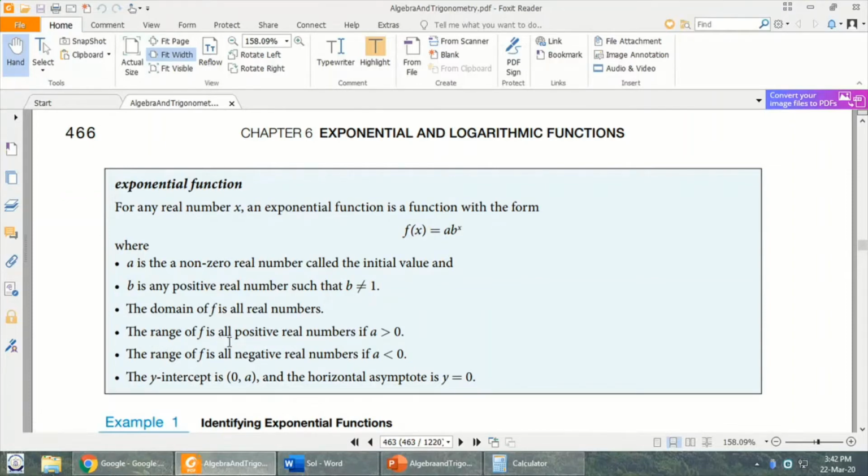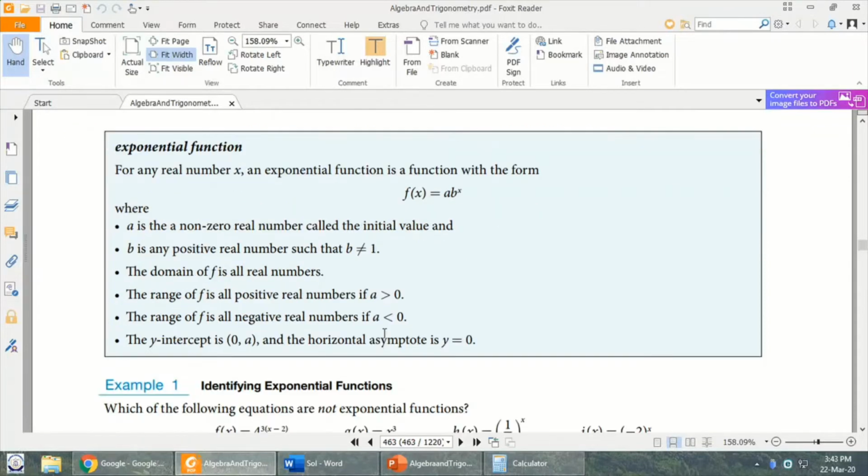However, as already explained to you, B has to be greater than 0 and cannot be less than 0, so do not confuse A and B together, because A is the initial value, but B cannot be less than 0 in this case, though it can be between 0 and 1.